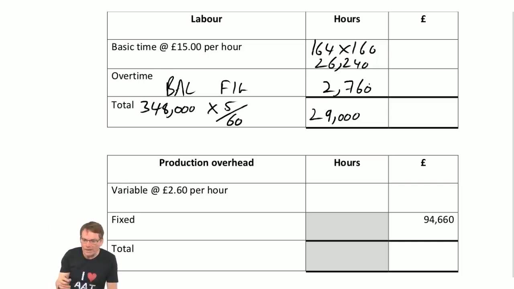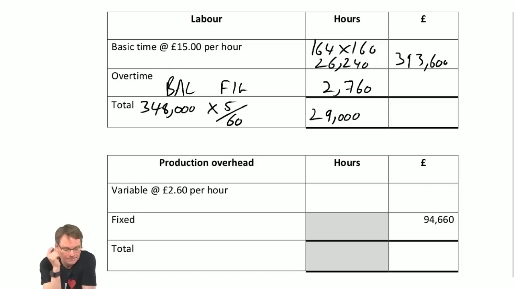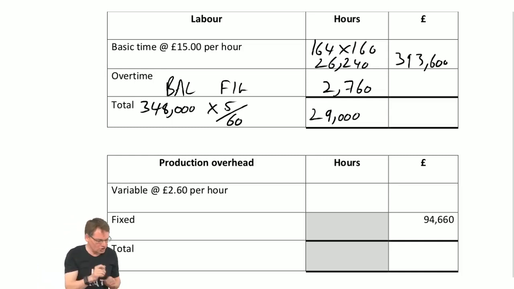So we have got basic time, £15 per hour, 26,240 at £15 each is 393,600. Now this time, I'm going to have to work out the total. That will come last because I've got to work out what the overtime is. Now, just be careful about this.